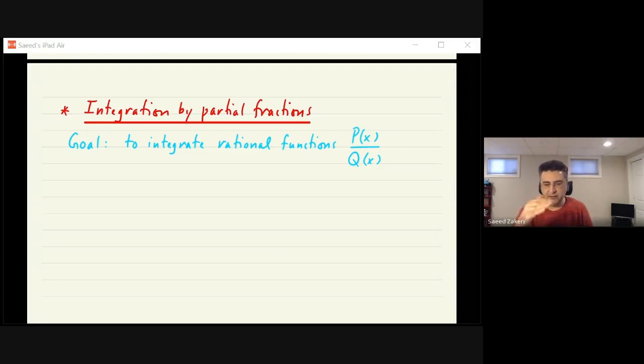Not every ratio of two functions is a rational function. So if you have sine x divided by x, even though that's a fraction, it's not a rational function because sine x is not a polynomial. So we're assuming P and Q are polynomials.